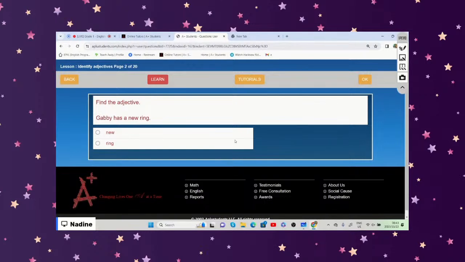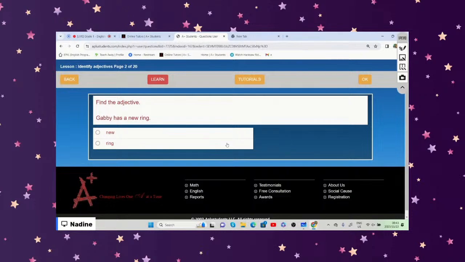Gabby has a new ring. Is it new or is it ring? Gabby has a new ring.